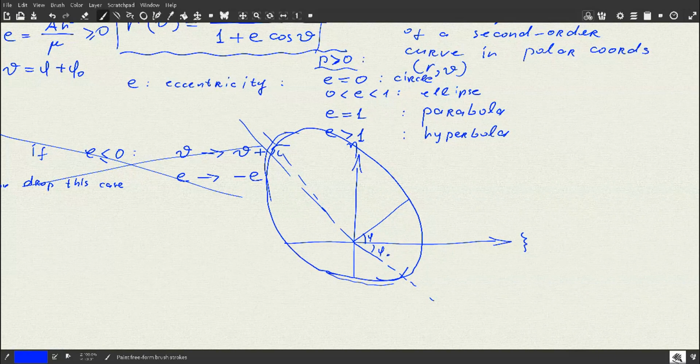Okay, so we have established a very fundamental fact. It is the first Kepler's law.